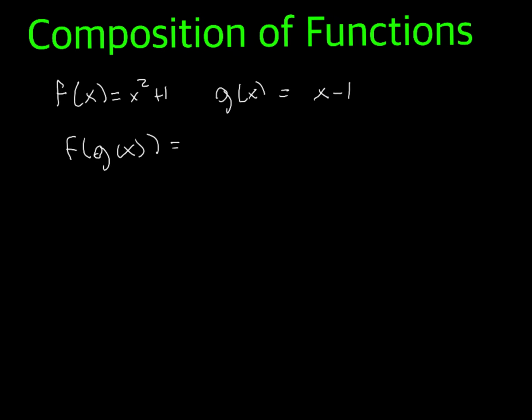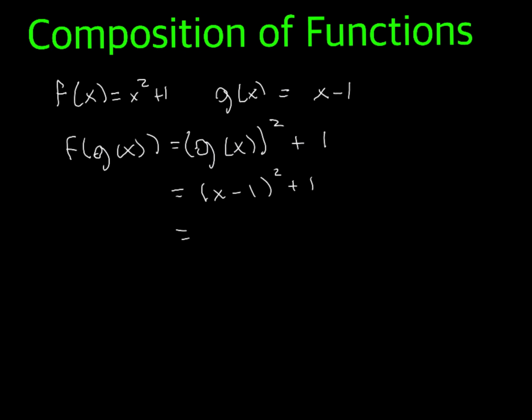Let's go over it. F of g of x, we have x squared in f of x. So in f of g of x, we're going to have g of x squared plus 1. Now g of x is equal to x minus 1. That's squared, and we add 1.